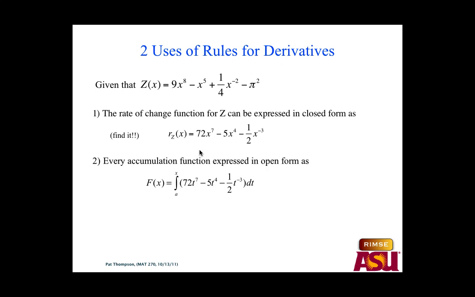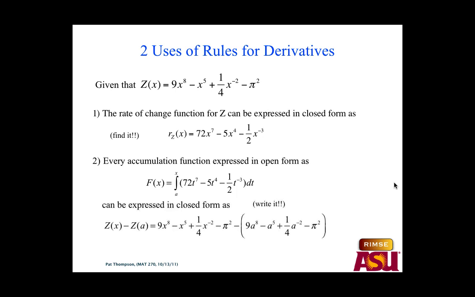x to the negative 3, I know that's the rate of change function for z up above. It's also the rate of change function for lots of other things, because if I hadn't written this negative pi squared here, it would still have this as its rate function. It could have any other constant, but every accumulation function that I can write this way in open form, accumulation from a to x for any a, could be a way to express z.